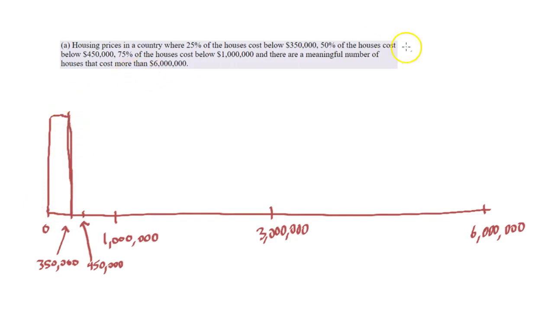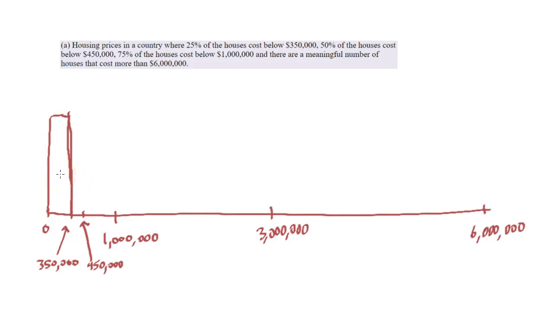And then it says 50% of the houses cost below 450,000. So that includes those below 350,000 also. That's telling you that between 450,000 and 350,000 we have 25%, because we already have 25% below 350,000.